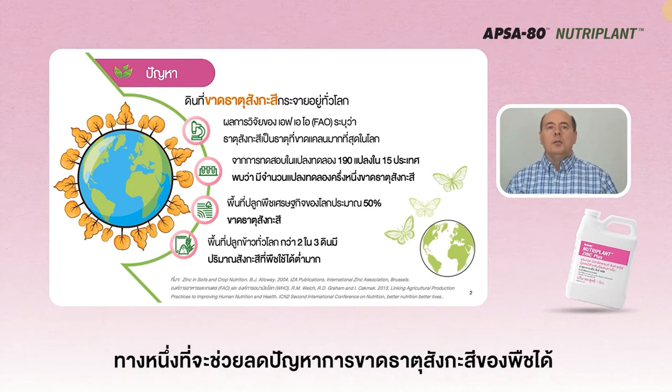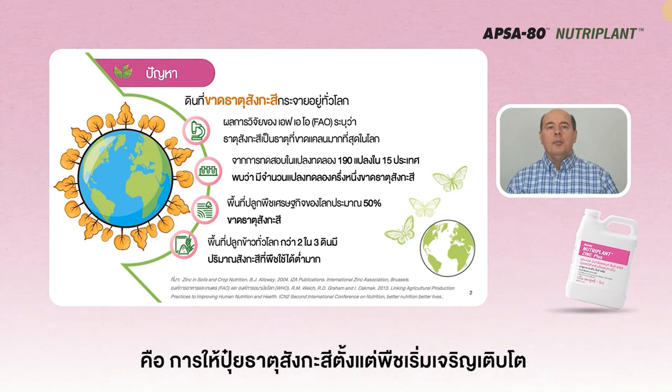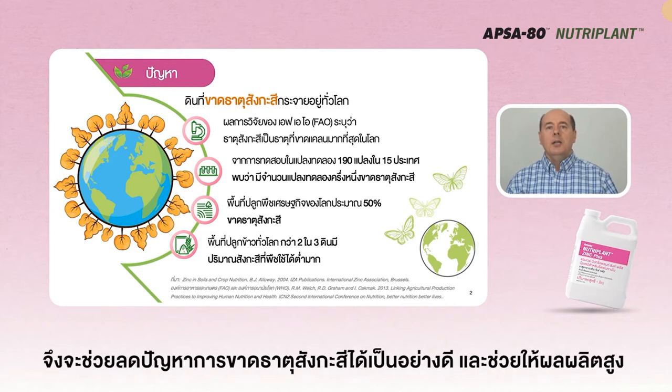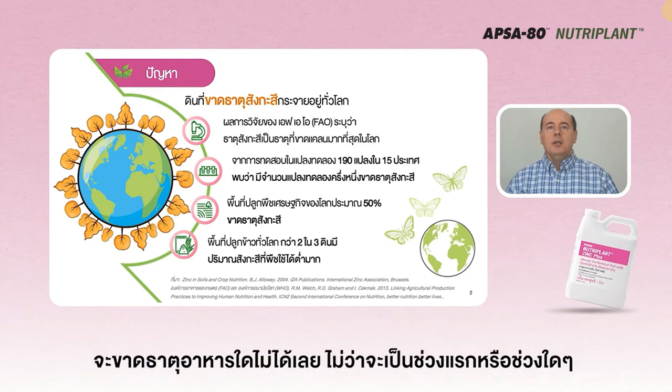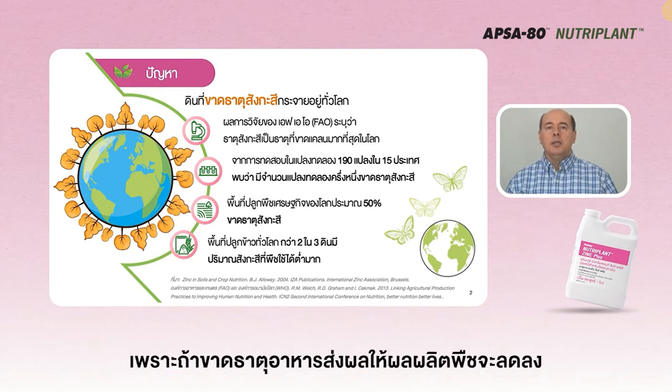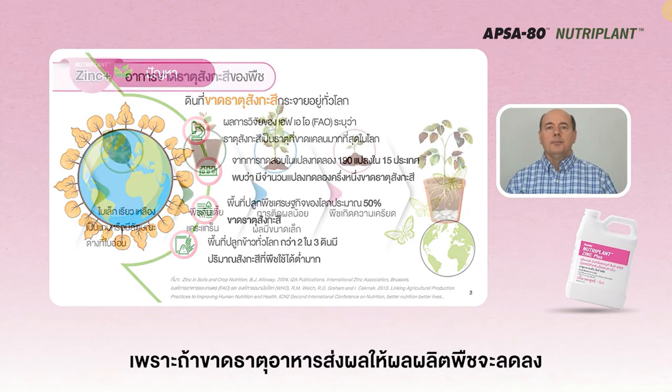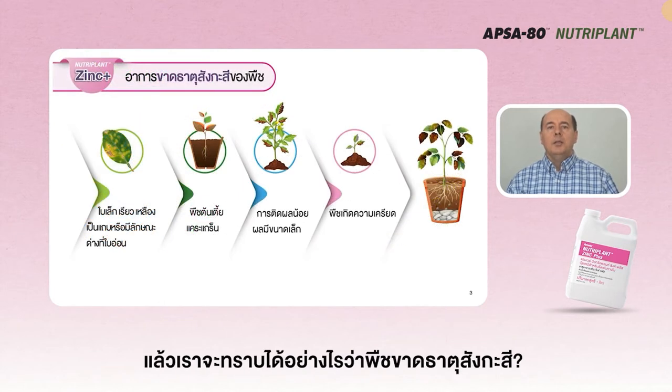One way to reduce this deficiency would be to apply zinc during the growing season to help reduce the deficiency and improve the yield. Because any nutrient that is deficient, either in the early or later growing stages, will reduce the yield and quality.